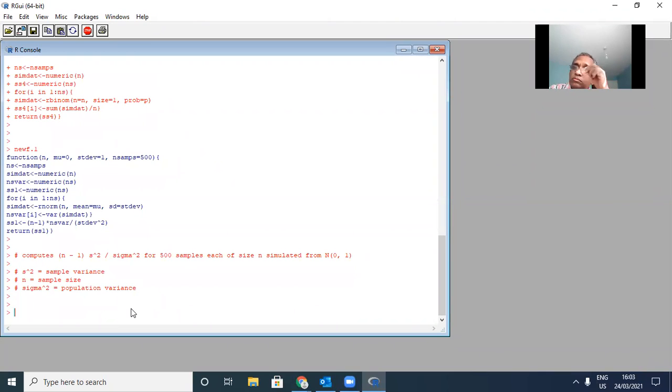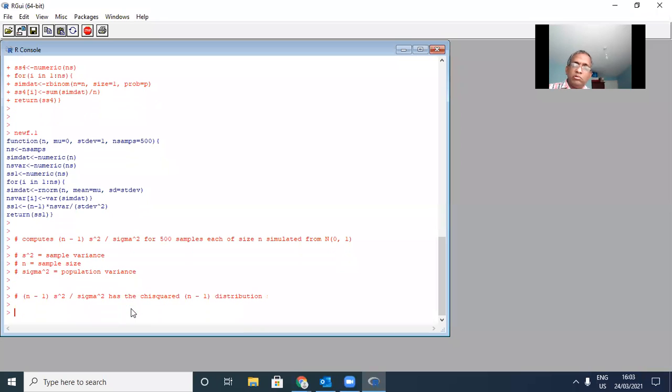Now, you may recall from one of the videos I did earlier that, I'm going to test your memory now, this statistic, that is n-1 s squared divided by sigma squared, has the chi-square distribution with n-1 degrees of freedom. Do you guys remember this result?